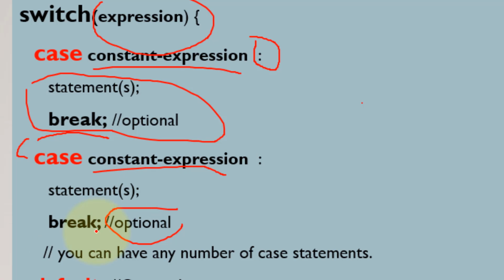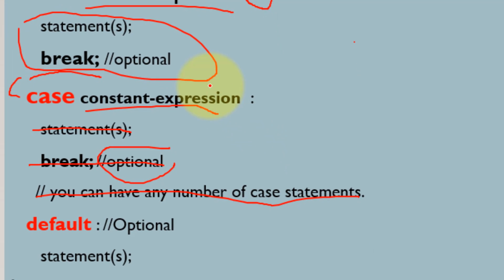Let me say you just type in case, then your constant expression, colon, with no statement, then there's another case. It means the flow of control will fall through to the subsequent cases until there is another break. It will just continue.